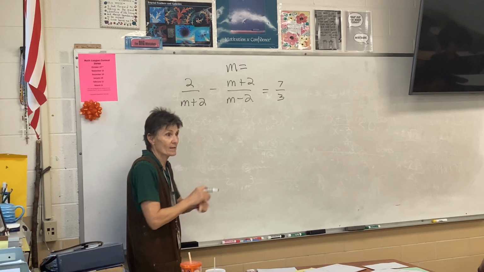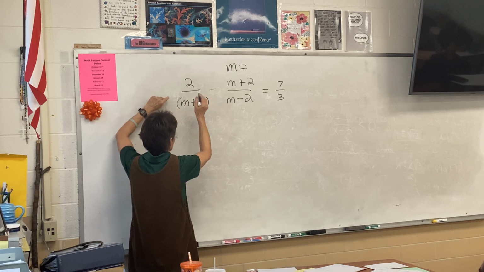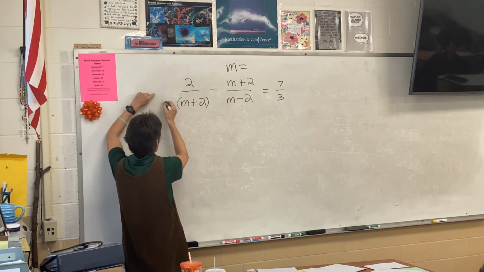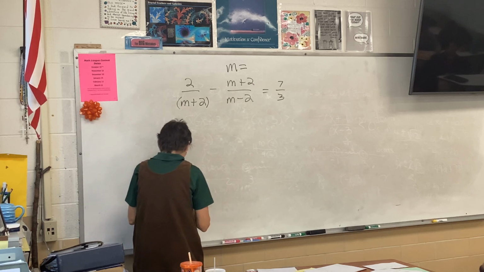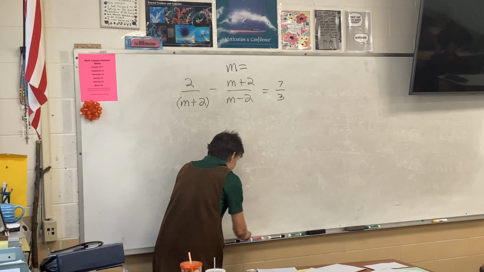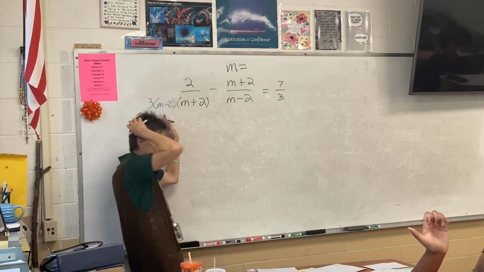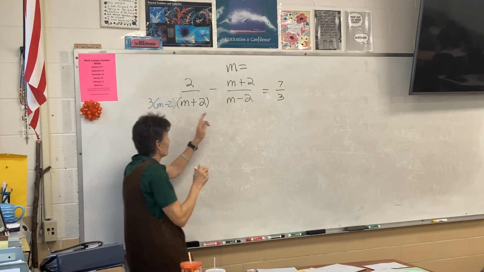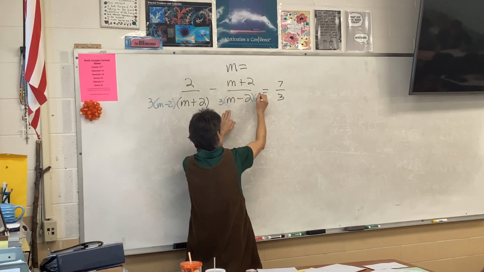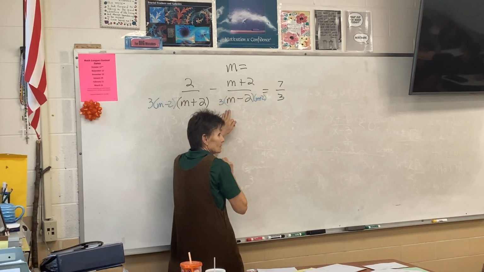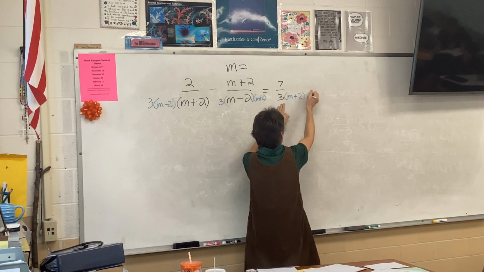This one needs a 3 and an m minus 2. This one needs a 3 and an m plus 2. And this one needs m plus 2, m minus 2.